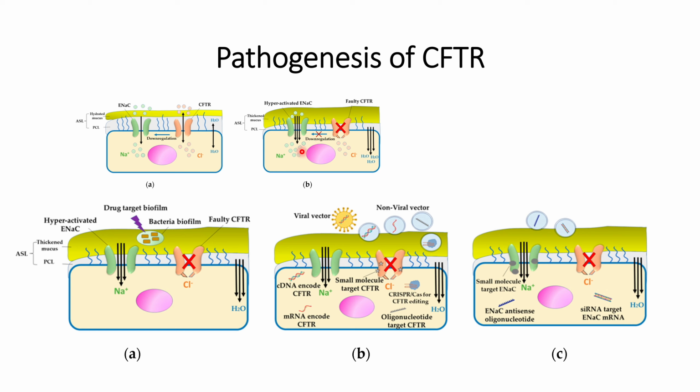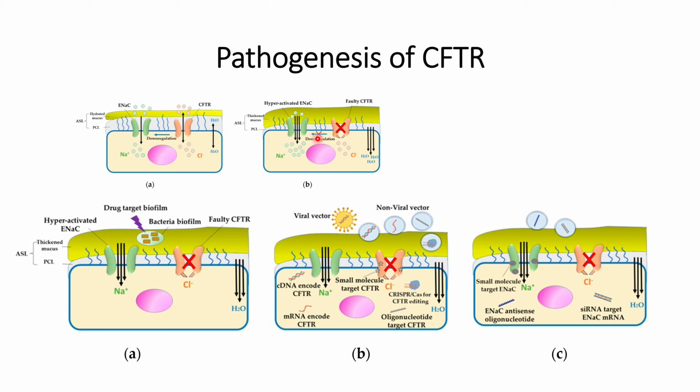So what happens in this defective CFTR is that since the ENaC is active and this chlorine ion channel is not active, with time this ENaC becomes hyperactivated, and because of this, the mucus layer gets dehydrated and becomes more thickened.